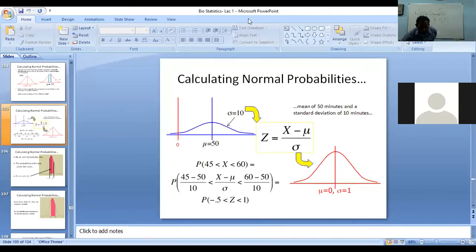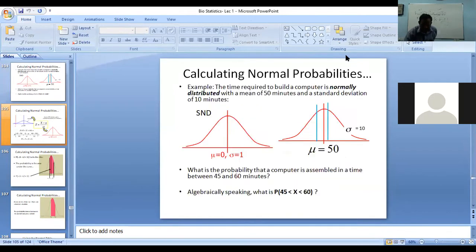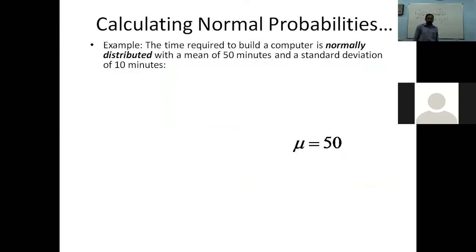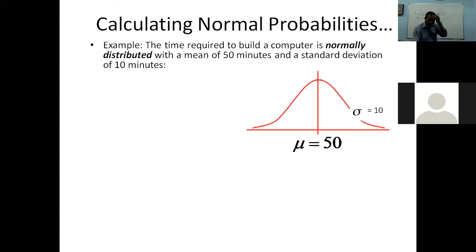So this is what I said, Z transformation. Let's take an example and go along with that. This is the example. Can you all see the slide?